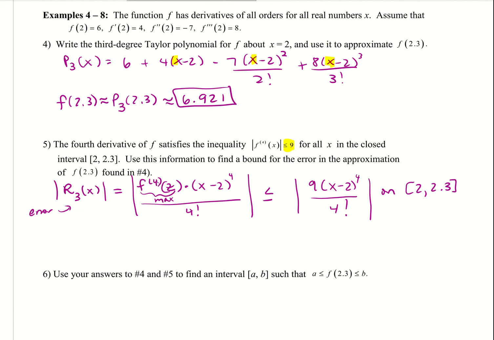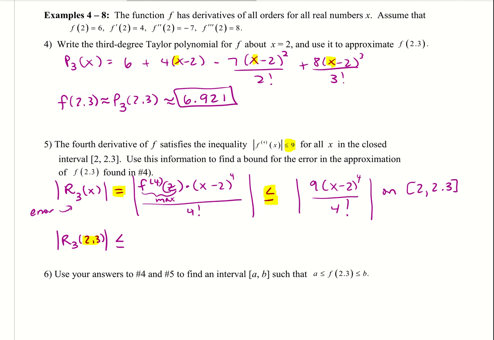So for the bound of the error, I want to take my formula for the remainder for my third degree Taylor polynomial, and evaluate it at 2.3. So this remainder should be less than or equal to, and I'm carrying this over, this is the formula for the exact remainder, and then I'm approximating it because I'm only doing the max on a certain interval. Not the max anywhere, but only on a limited interval, so I'm approximating it.